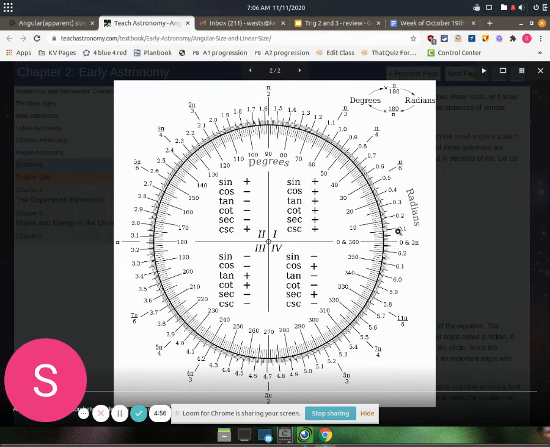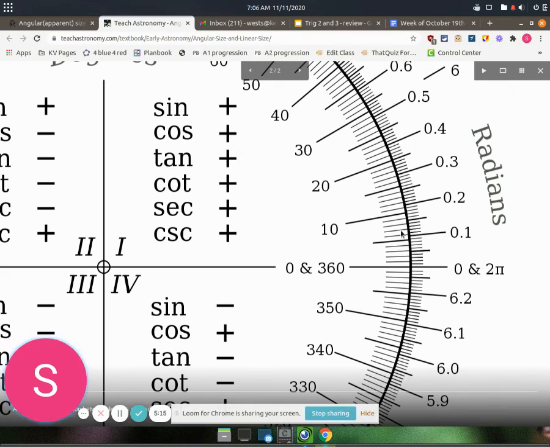So one full sweep here is 6.28, or 2 pi. Here on the inside, you can see they're breaking it down into 360 degrees. So from here to the 10 mark would be a 10-degree angle. But then you see these really fine tick marks here. These are each 1 degree.